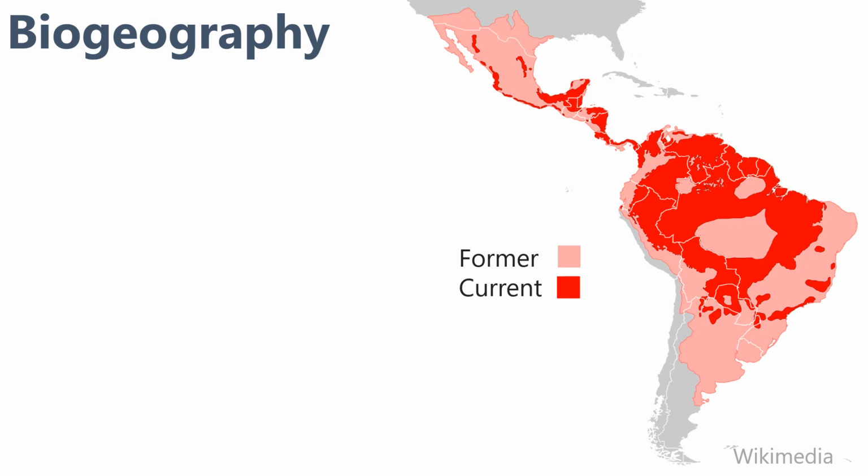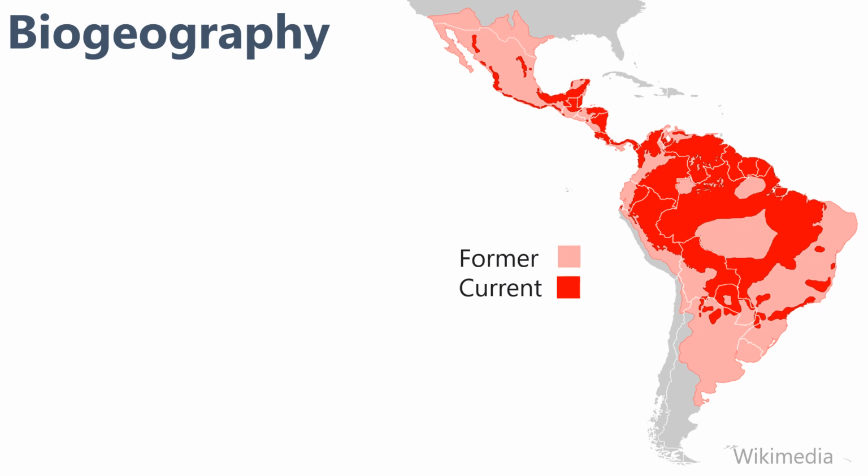So biogeography is the study of the geographic distribution of living things and the abiotic factors that affect that distribution. If we look at this map, we can see that the former distribution, this light pink color here, of the jaguar was much, much greater than its current distribution.